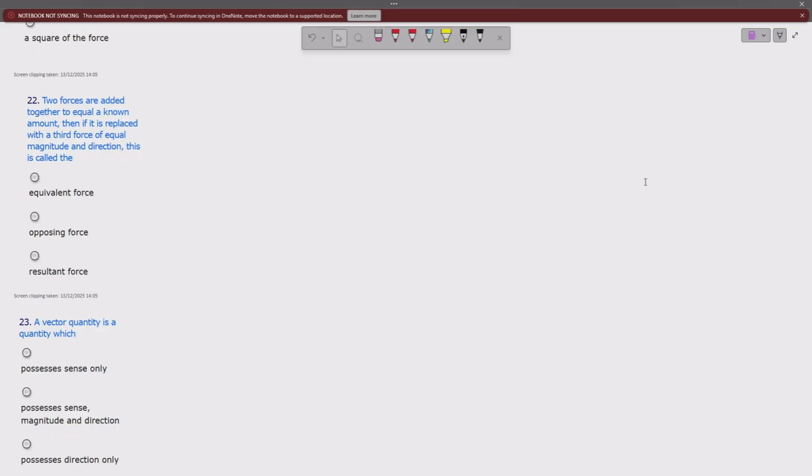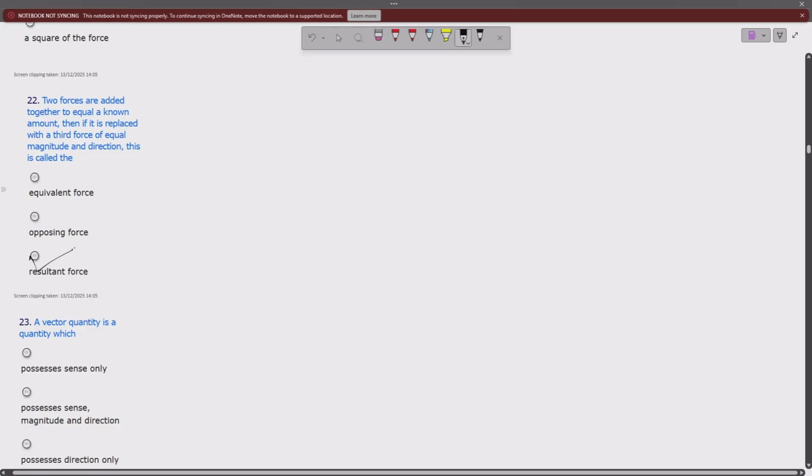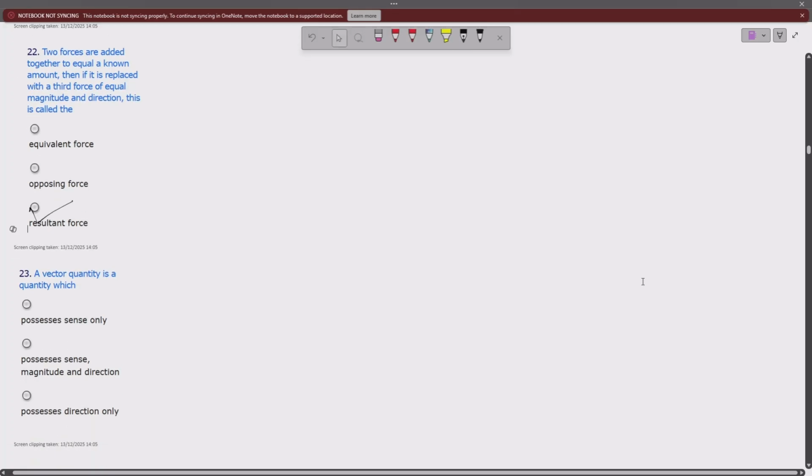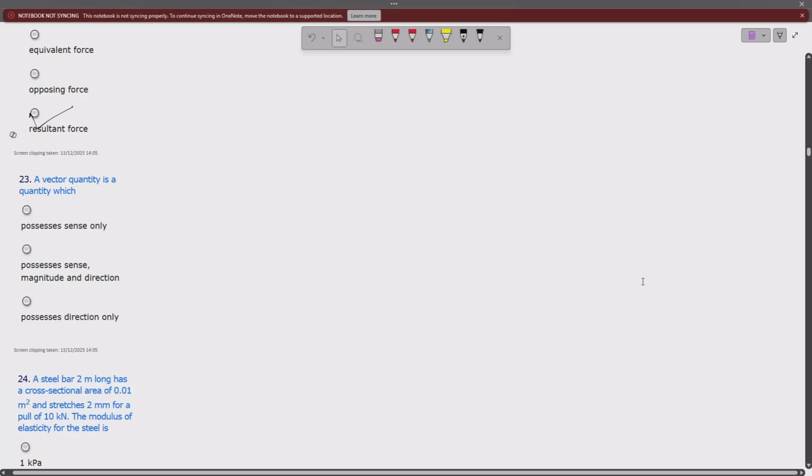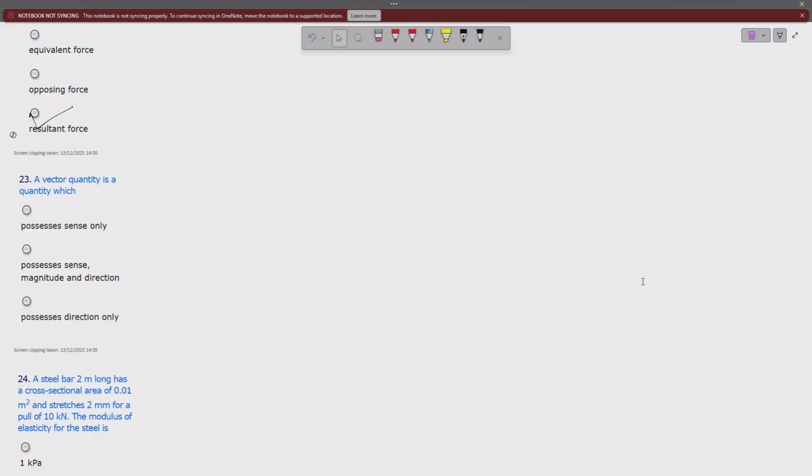Then, if it is replaced with a third force of equal magnitude and direction, this is called the resultant force. 23. A vector quantity is a quantity which possesses magnitude and direction, or possesses sense, magnitude and direction.